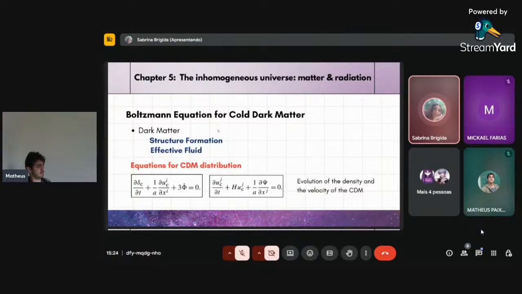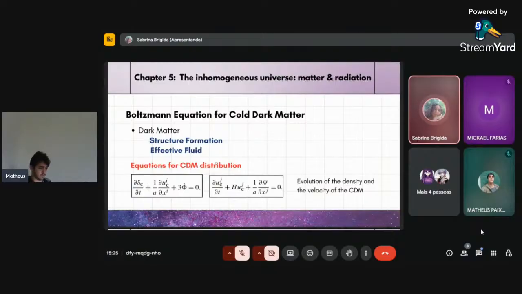So for understanding the evolution of dark matter, the first step is to find a Boltzmann equation that we can find in this case for two variables that I'm gonna talk about here. So dark matter is very important for us to understand the structure formation.